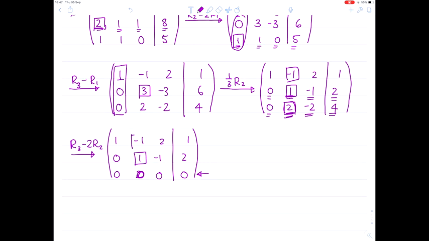So we need to attend to this minus 1 here. So the easiest way to do that is to say row 1 plus row 2. So we get 1 plus 0, which is 1, minus 1 plus 1, which is 0, 2 minus 1, which is 1, and 1 plus 2, which is 3. Nothing else has changed.